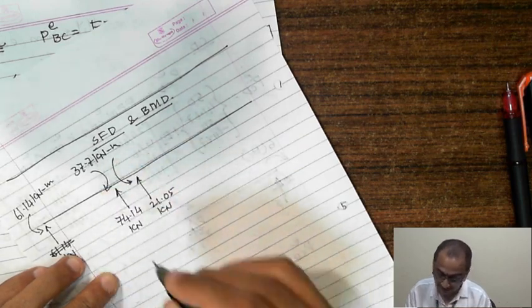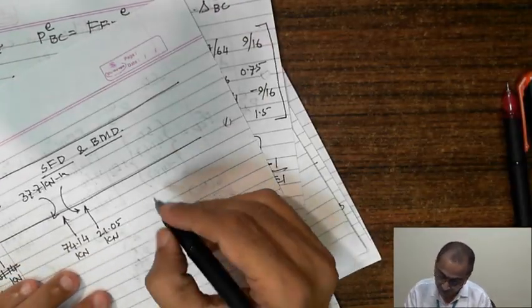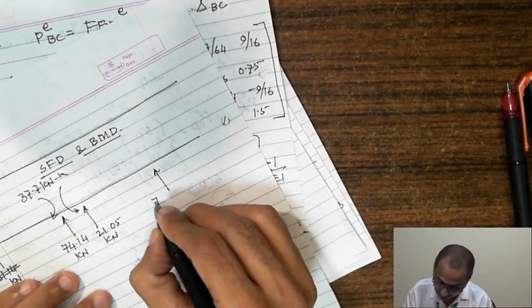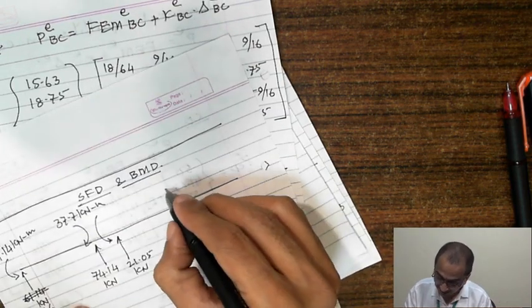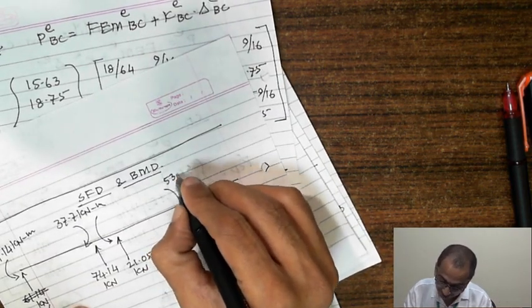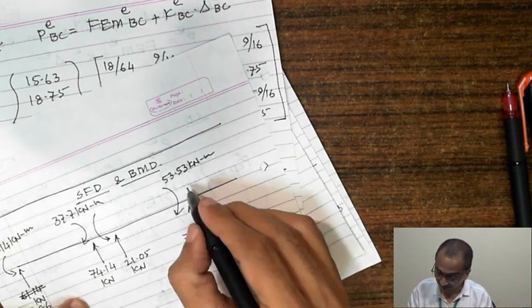kilonewtons. This moment is 37.7 kilonewton meter. This is 78.95 kilonewton, and this reaction is 53.53 kilonewton meter. This moment is 53.53 kilonewton meter.